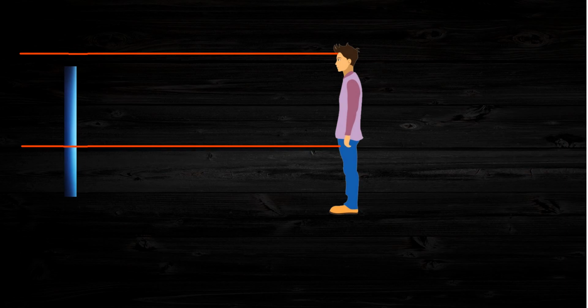If the mirror is like this, still no. Now if the mirror encompasses the region that is required for the observer to see themselves completely, that means the mirror is reflecting in this particular region that lies between these two red lines, then the observer will be able to see themselves completely again. So right now, even though the mirror is more in length than what is required, still the observer will not be able to see themselves. Only if the mirror encompasses this particular region, then the observer will be able to see themselves. Quite interesting.